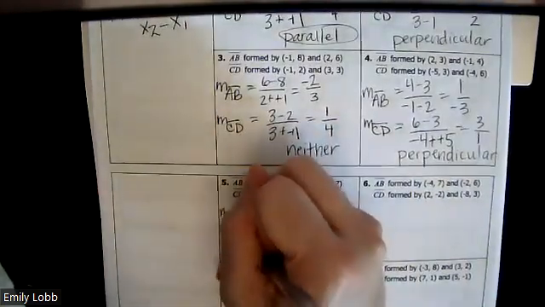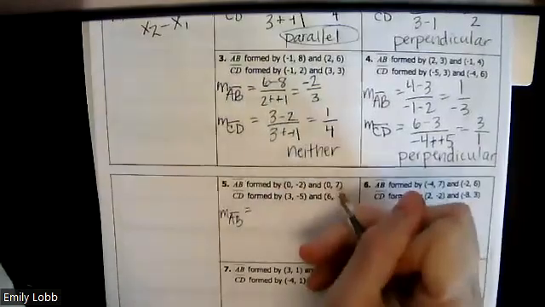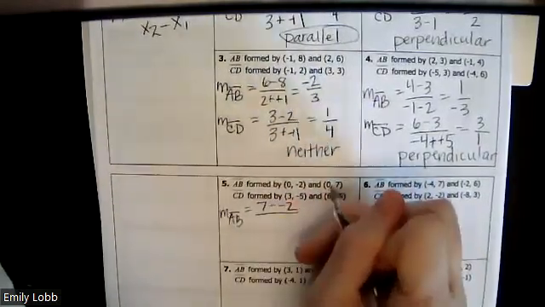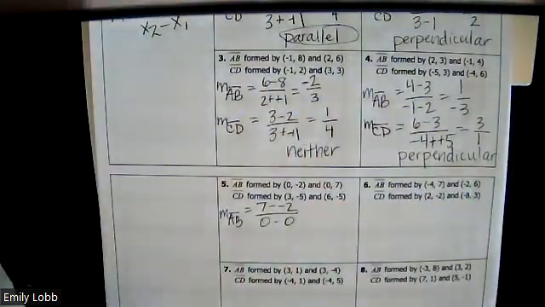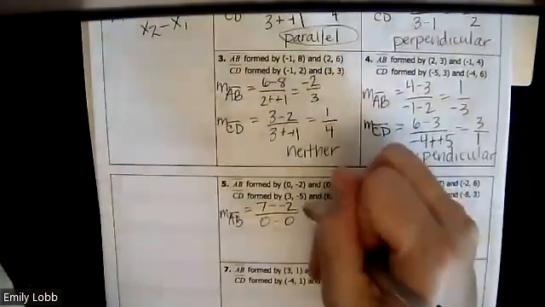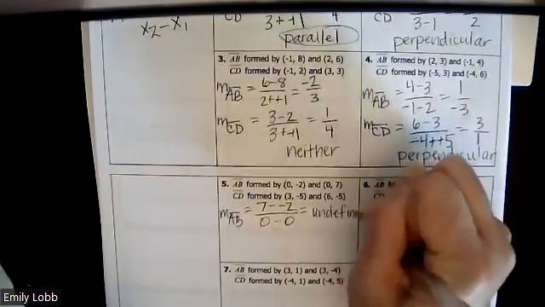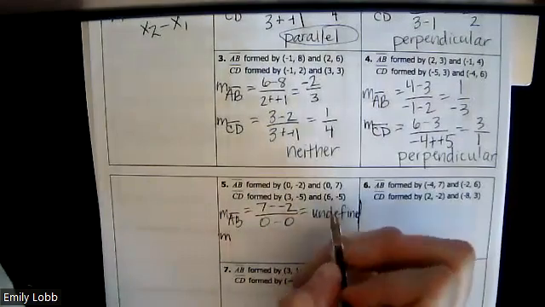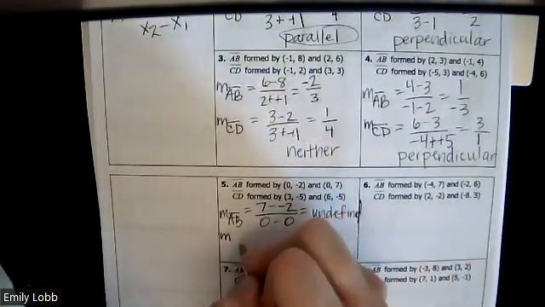So again, our slope of AB, change in y, 7 minus a -2, over 0 minus 0. When we have a 0 on the bottom, this is undefined. When we have a 0 on top, like we're going to have here, because we have a change in y of 0, that's going to be 0.